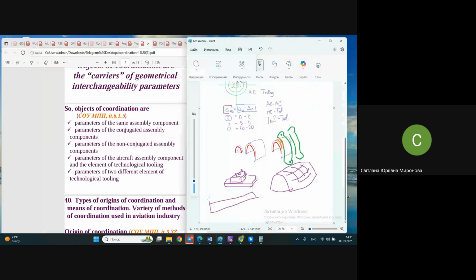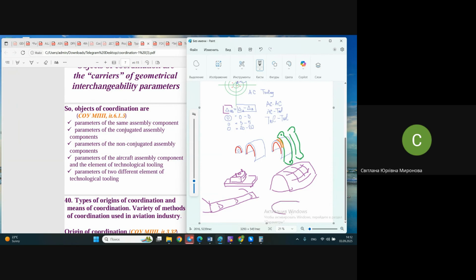Let's go into an example. For instance, you have the spar in the wing, the rear spar. And on this spar, you have brackets. Let it be 3 brackets. What for?